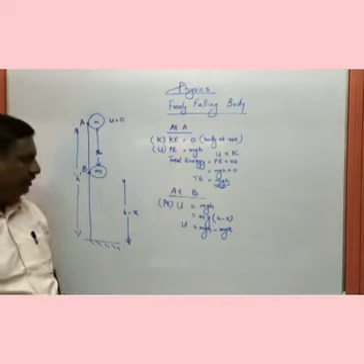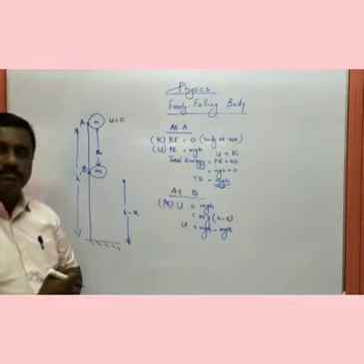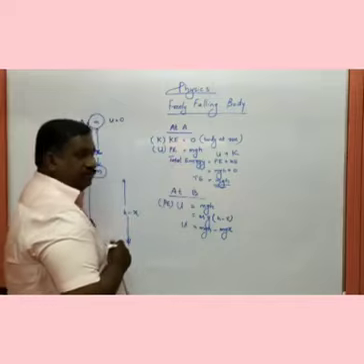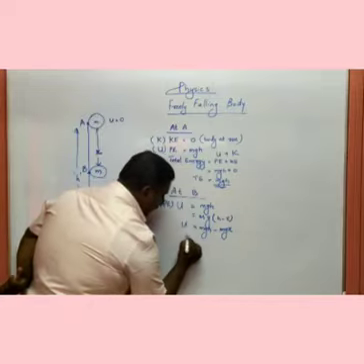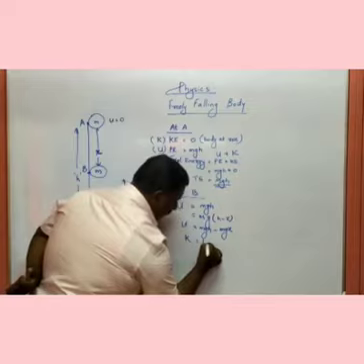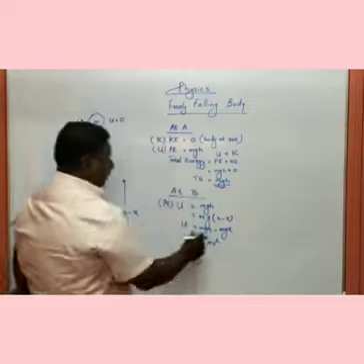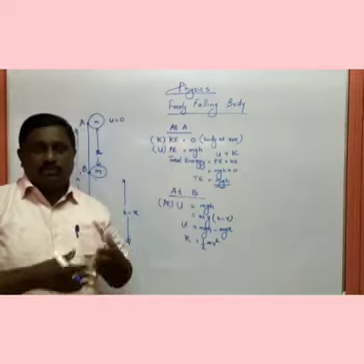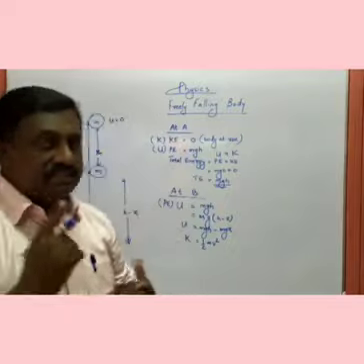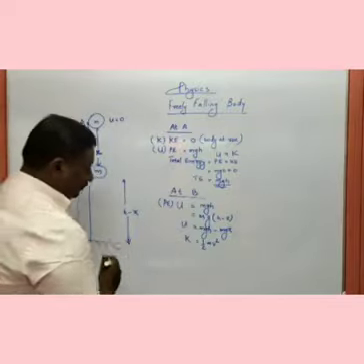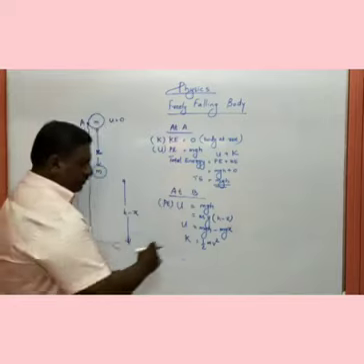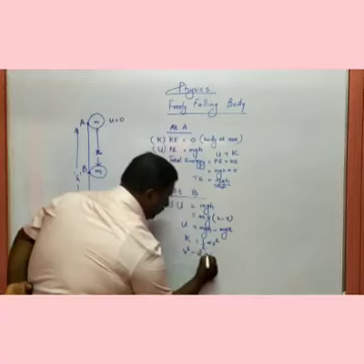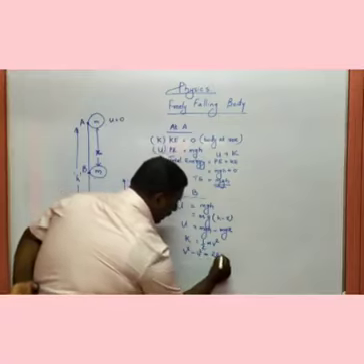Is it clear? Then we want to calculate the value of kinetic energy. Kinetic energy is equal to half mv square. We know the value of m, but we don't know the value of v. So we have to calculate the value of v firstly. We know one equation, v square minus u square is equal to 2as.